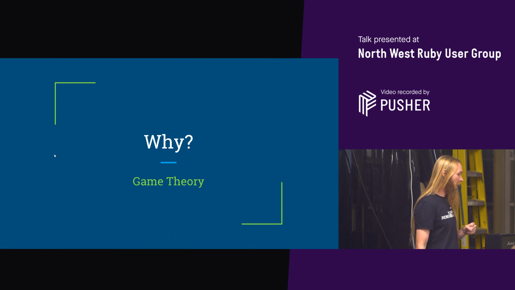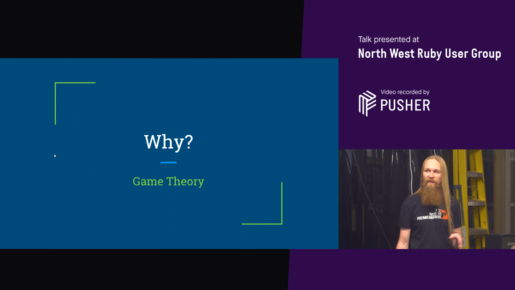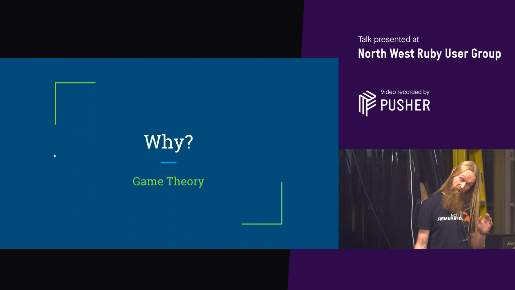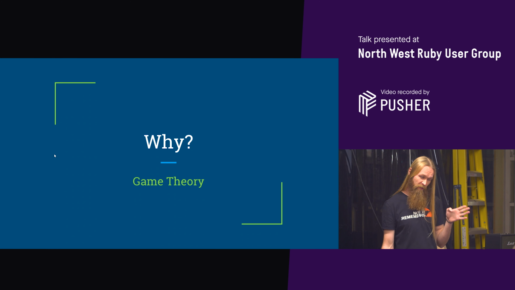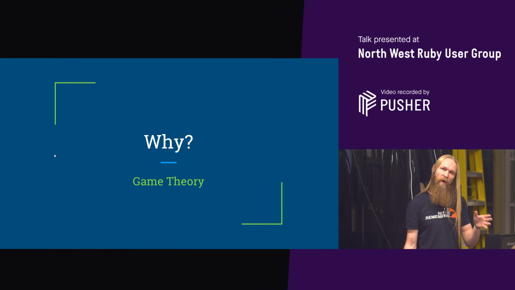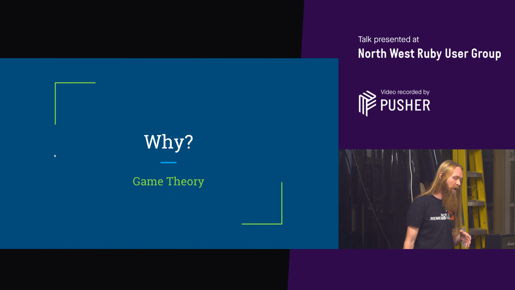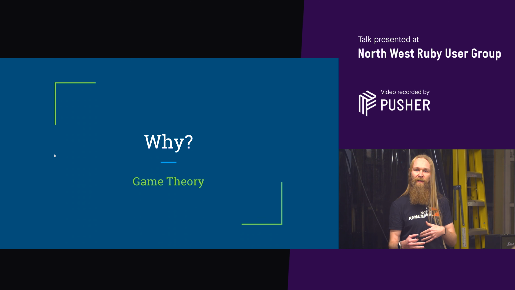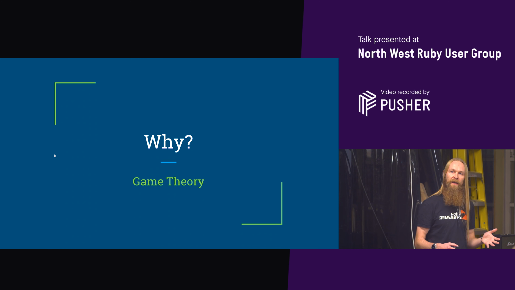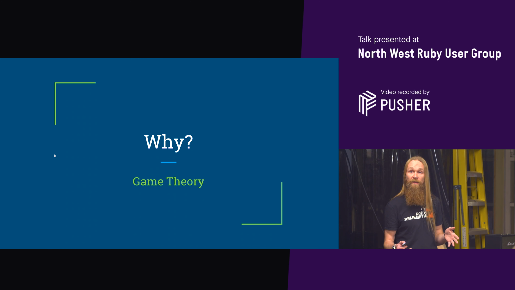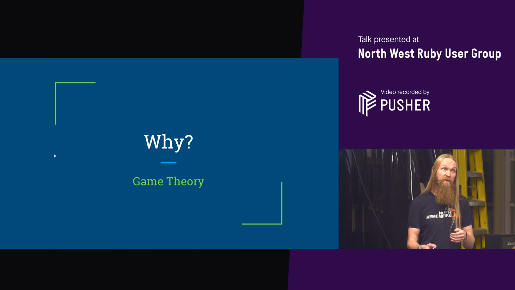Okay. Another reason why: game theory. In the 20s, was it? John von Neumann first coined the term. And then it got a little bit more popular, and John Nash came along later. This simplified model of game theory and how people make decisions gave us a better understanding of economics and furthered us there.